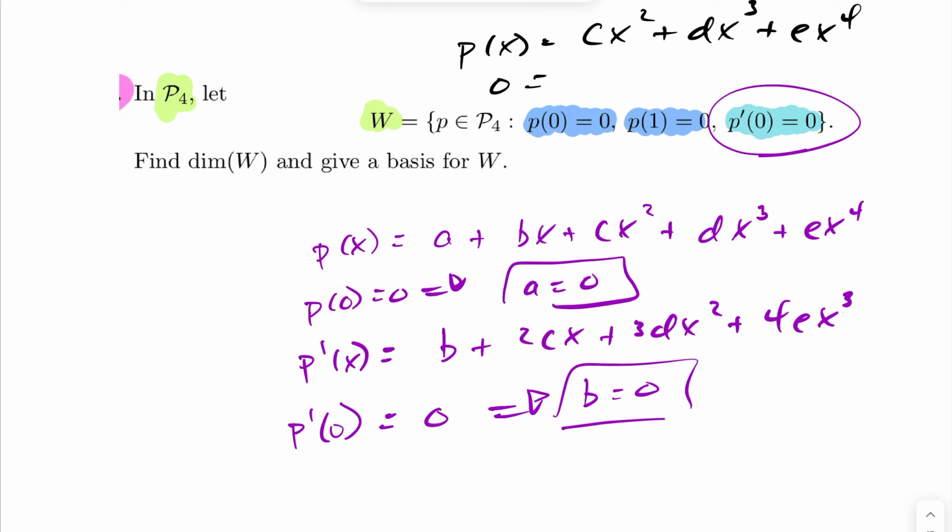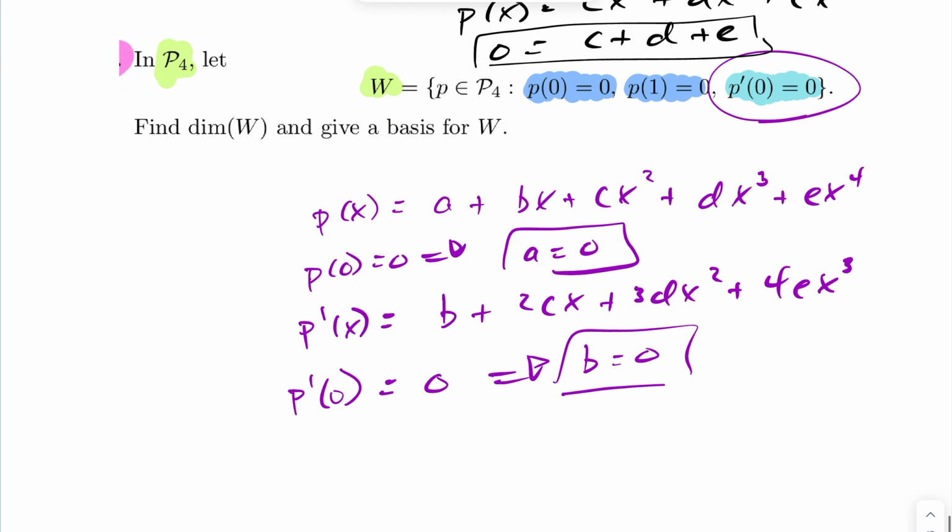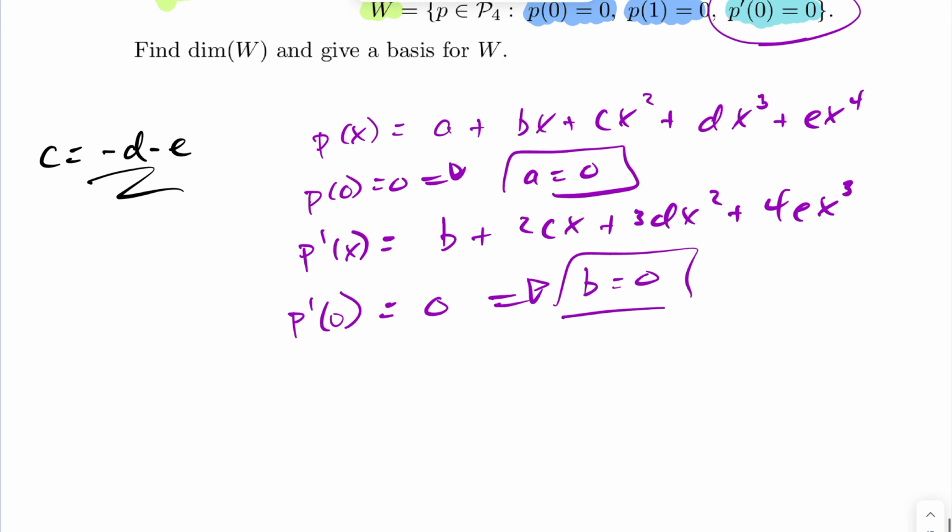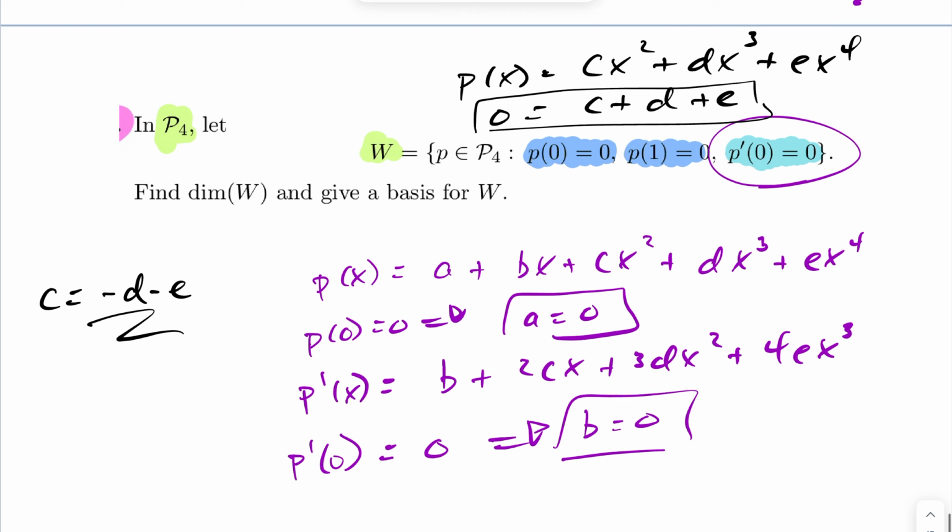I also know p at 1 is 0. So if p at 1 is 0, I know that c plus d plus e is also 0. So therefore, I could write c as being negative d minus e. Putting this all together, my polynomial p at x, again, is c times x squared.